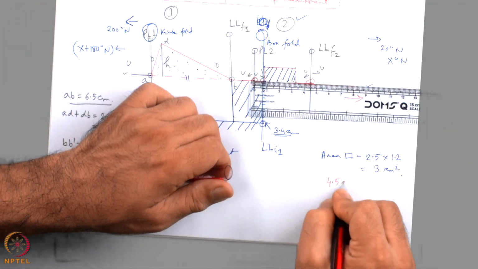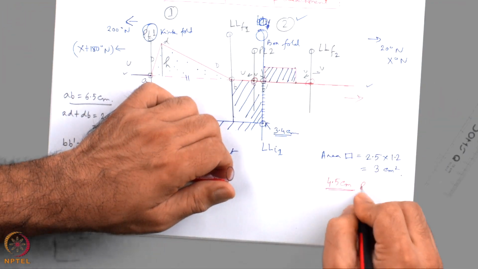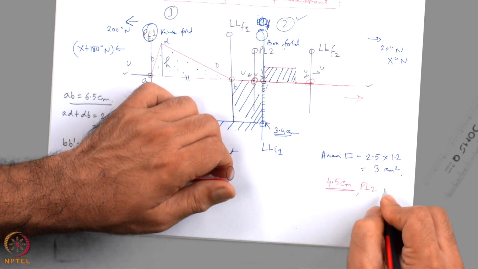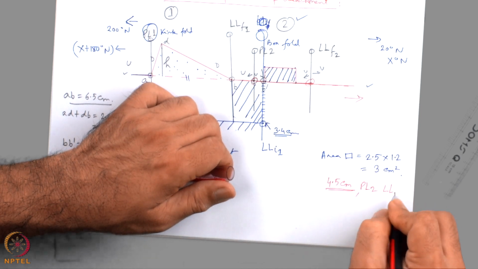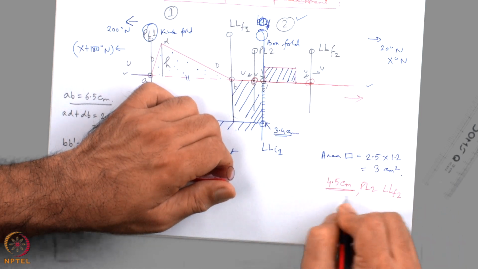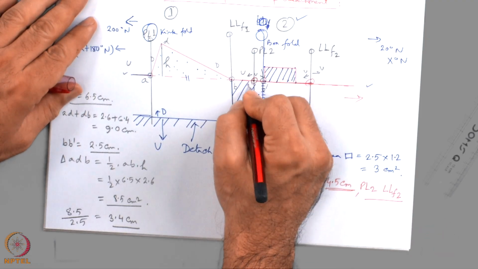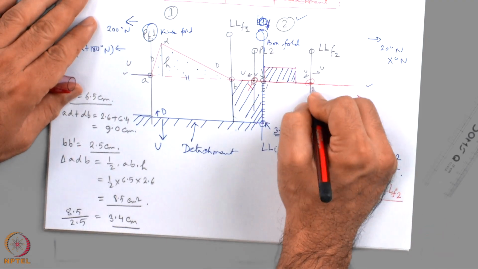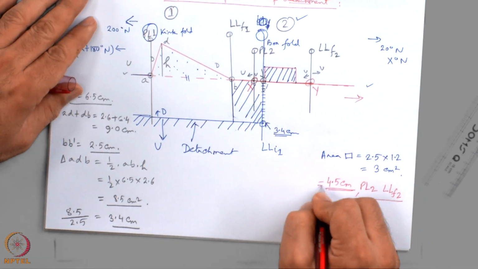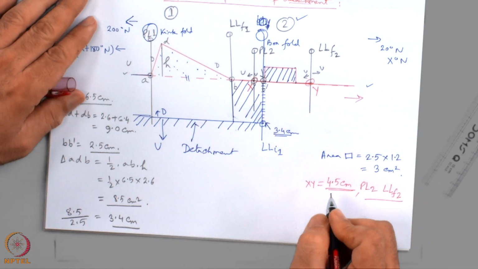4.5 centimeter. The distance between pin line 2 and the loose line final 2, this distance. Let us mark this point as capital X, this point as capital Y. So, this is the XY distance.